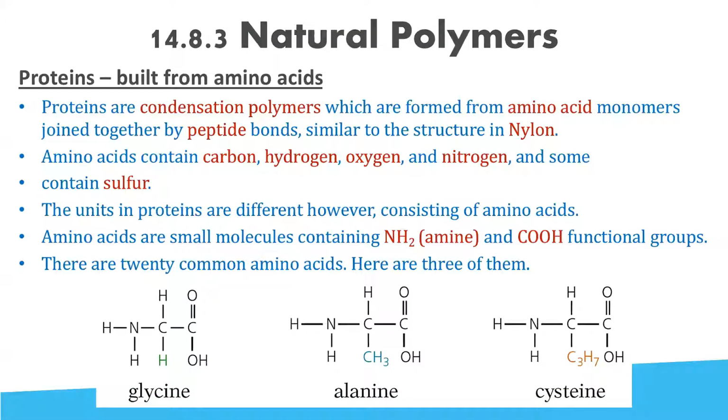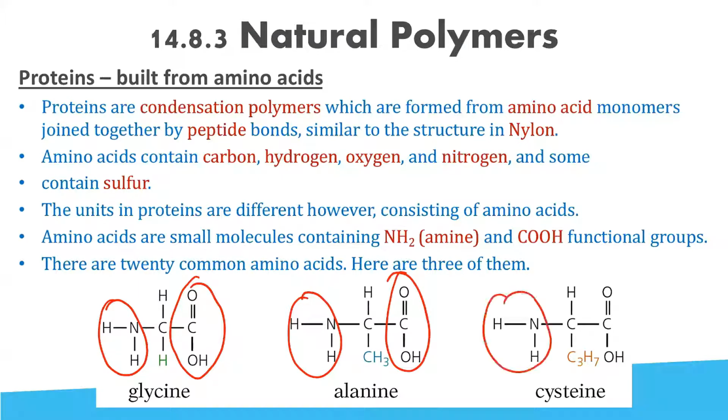There are 20 common amino acids. Here, as you can see, the structures of three: glycine, alanine, cysteine. These three are some of the common amino acids. As you can see, each structure has COOH and NH2, which is the common factor.